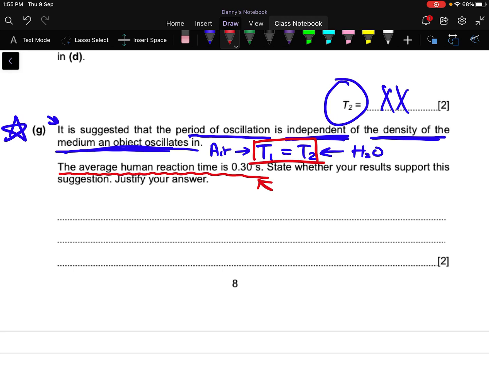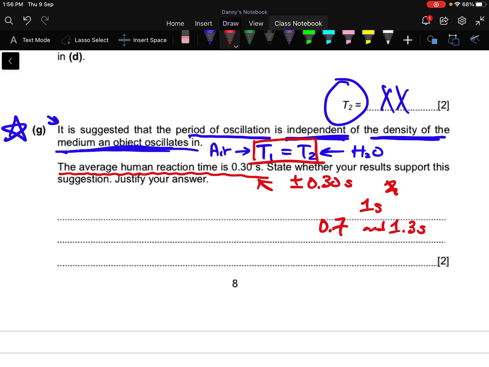Many of you didn't realize that this 0.3 seconds is plus minus, meaning that when you react, you may take a longer time. That means if, let's say, the actual true value is 1 second, you may have taken the time as 1.3 seconds, but it also means that you may press the start or stop button too early.